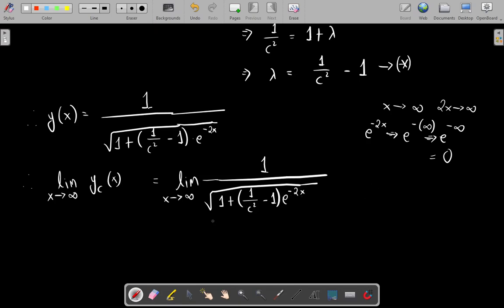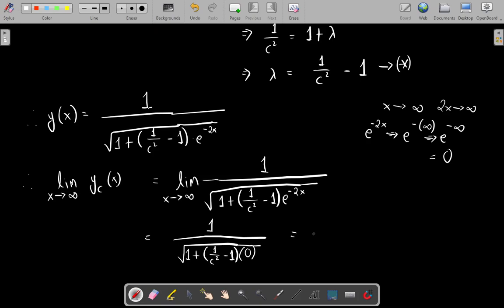So after evaluating the limit, we get 1 upon square root of 1 plus (1 by c square minus 1) times the limiting value of e raised to the power negative twice x, and this becomes 0.